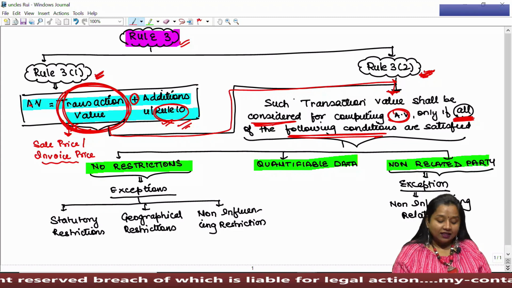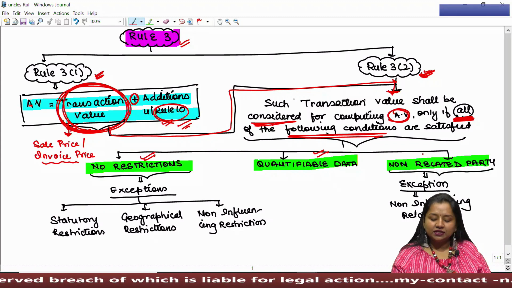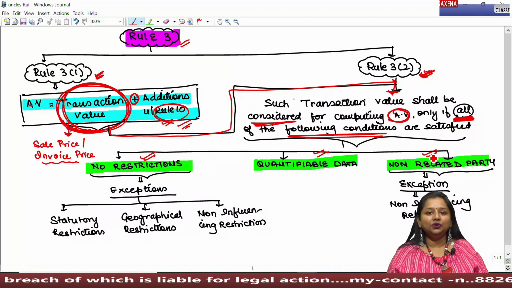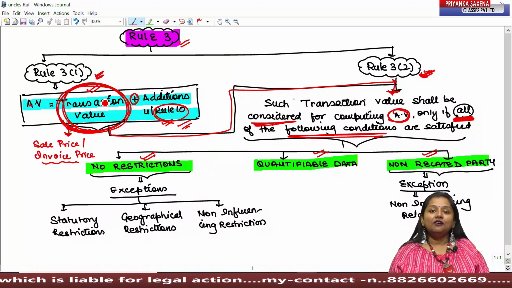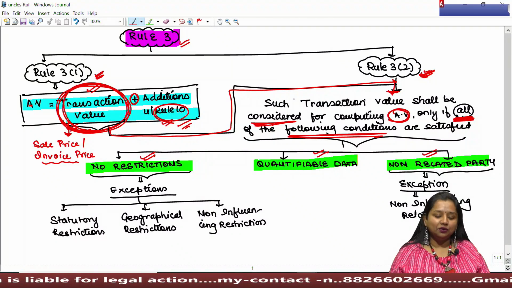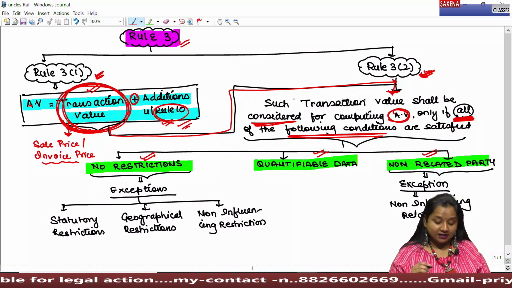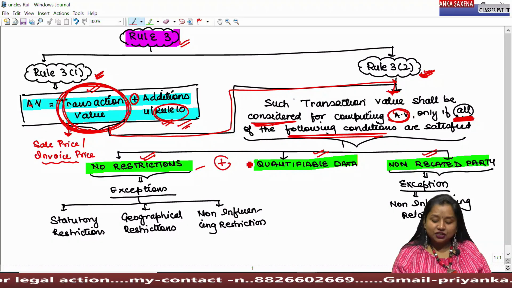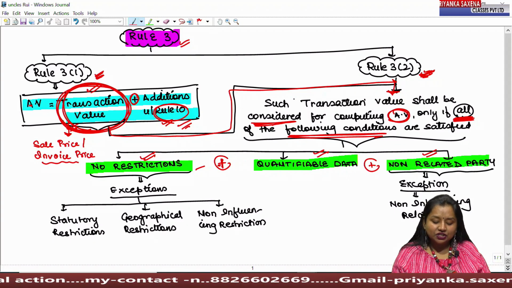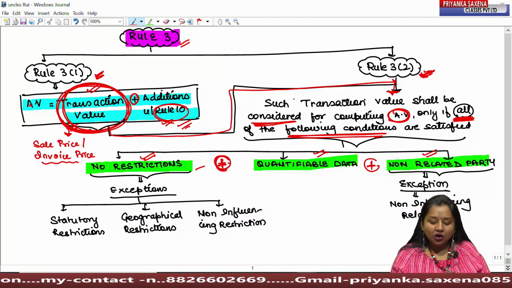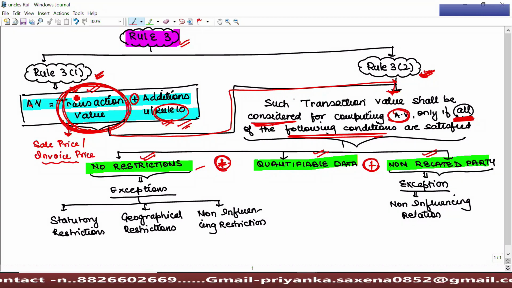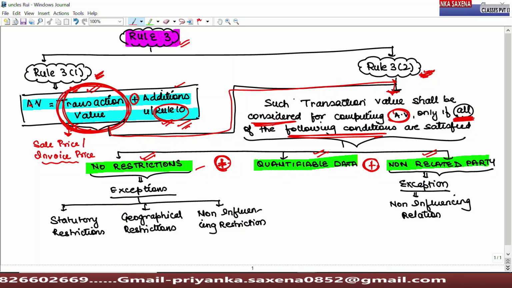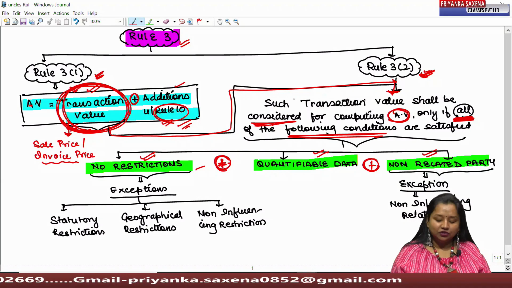That is, they provide three basic conditions under Rule 3 sub-rule 2 for permitting the transaction value to be considered for determining assessable value under Rule 3. That is, if these three conditions get satisfied altogether, then only this transaction value can be considered, to which the additions given under Rule 10 are to be added for computing the assessable value under Rule 3.